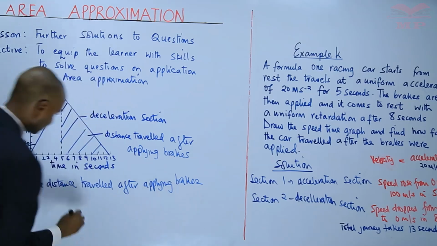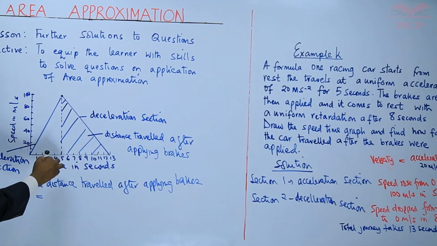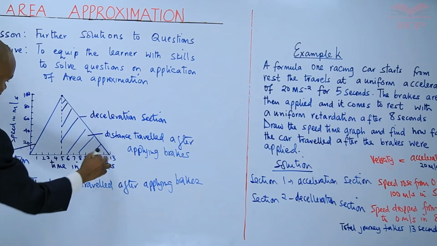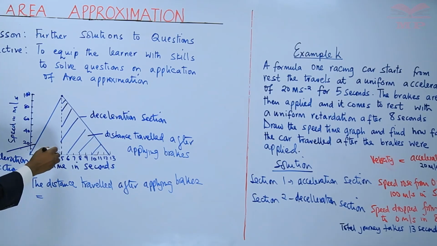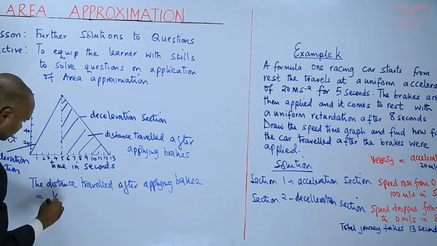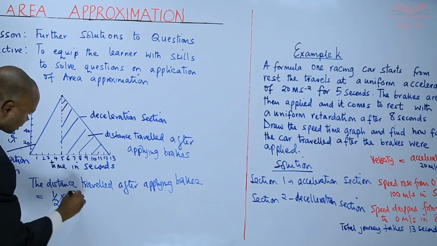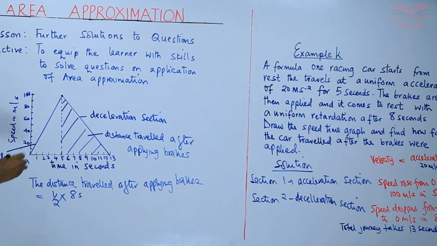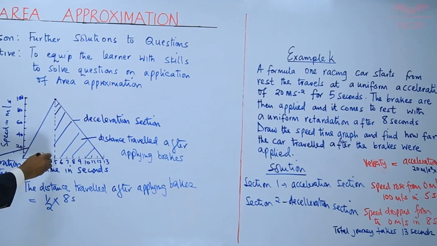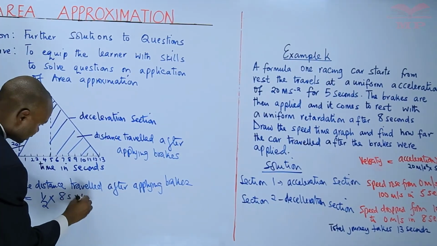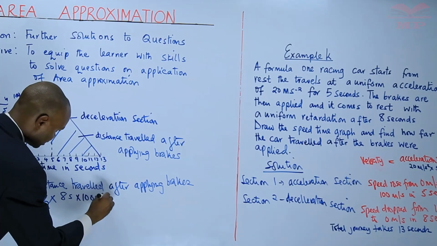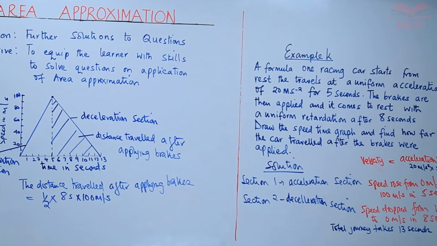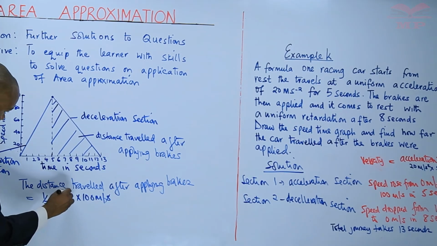will be equal to, you come here, this is 5 to 13, so that is a half. You start with a half times 8 seconds, from 5 to 13, that is 8 seconds, then from 0 to 100 meters per second. So this second will cancel with that, 2 goes there, 1, 2 goes there, 4.